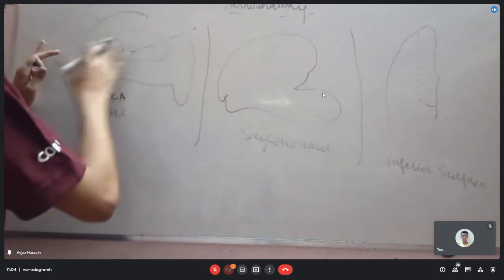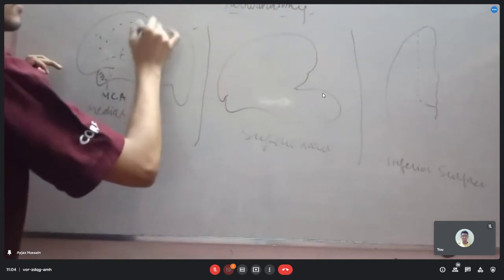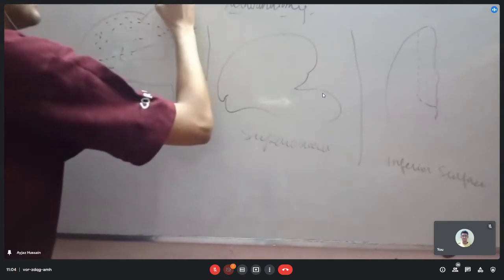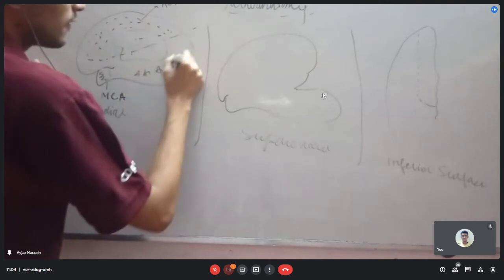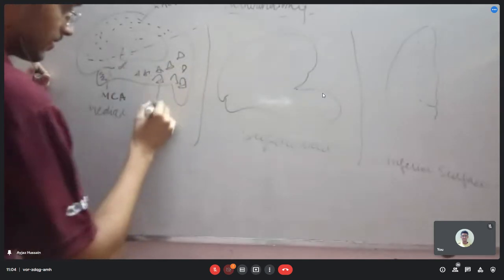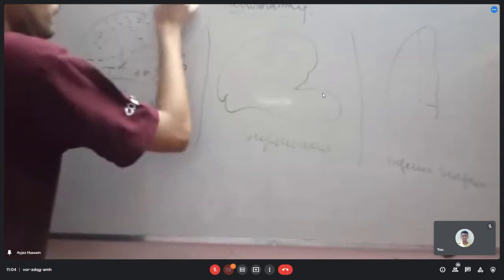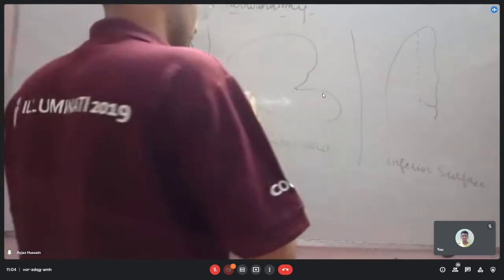On the medial side, this entire half is supplied by the anterior cerebral artery, and the rest will be supplied by the posterior cerebral artery. This is the medial surface being supplied. Now we talk about the superior lateral surface.